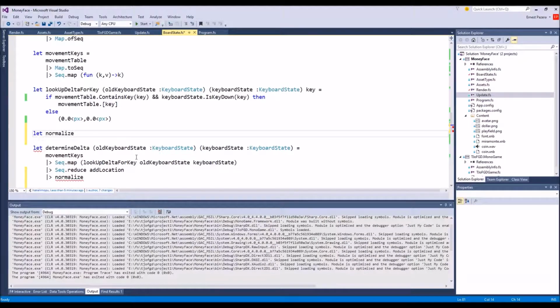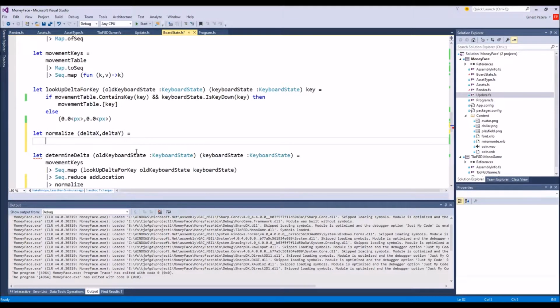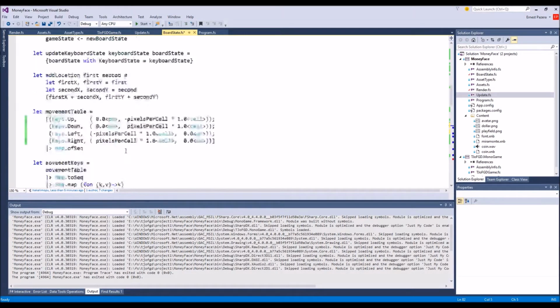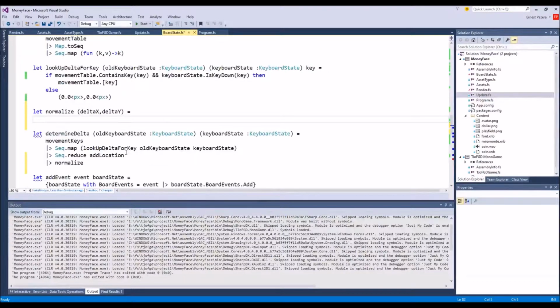All you 3D developer guys, so x delta y equals, and I don't know where this stuff is, so let, and these are going to be float px.